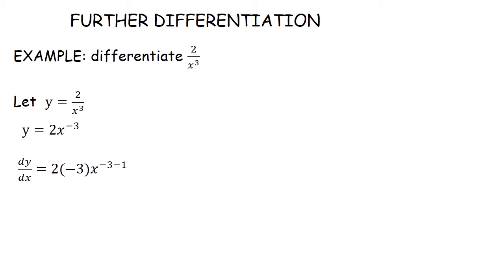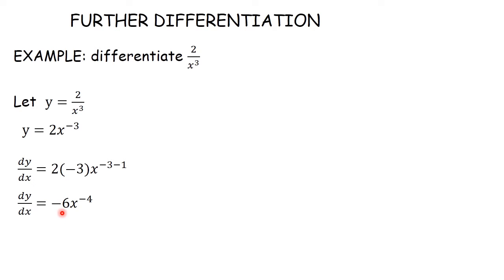So if it gives us 2x to power negative 3, then here we do the usual differentiation, yes, where we pre-multiply by the power and then subtract 1 from the power.